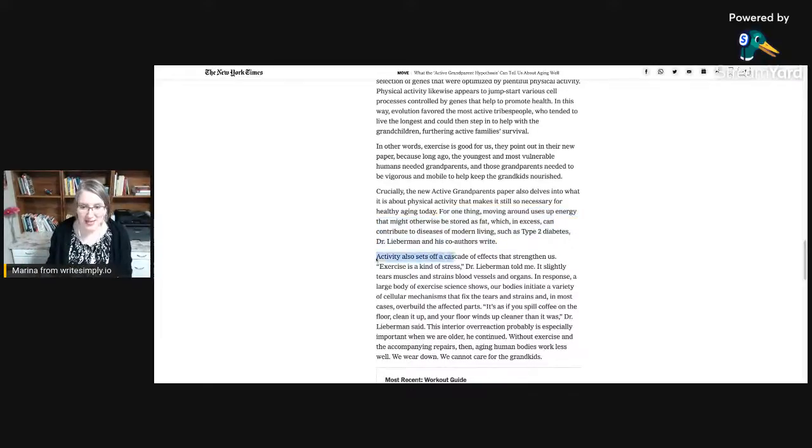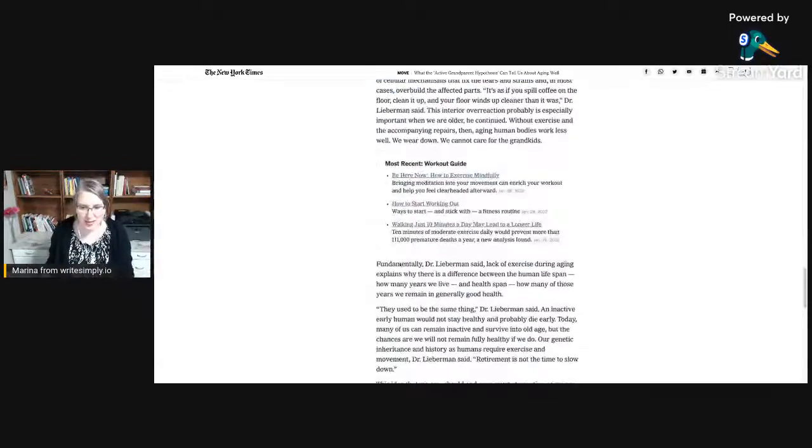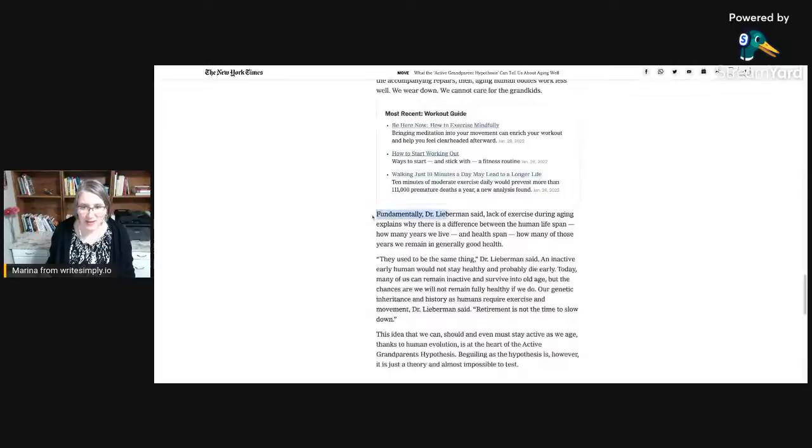Activity also sets off a cascade of effects that strengthen us. So he's giving us more reasons. Fundamentally, lack of exercise during aging explains why there's a difference between the human lifespan and the health span. All right, so there's a solid reason that as a reader, I'm going, oh, okay, interesting.